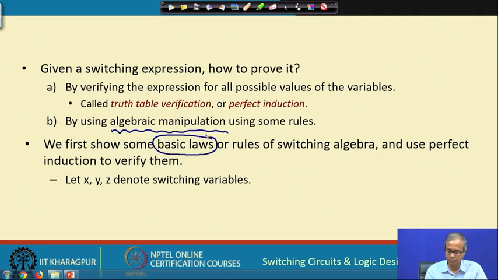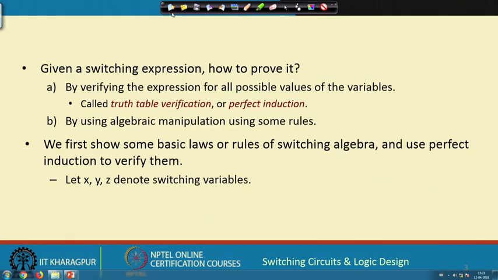We shall first look at some of these basic laws and verify them using perfect induction. Later on we shall apply these basic laws in algebraic manipulation for verifying other expressions. Step by step let us proceed.